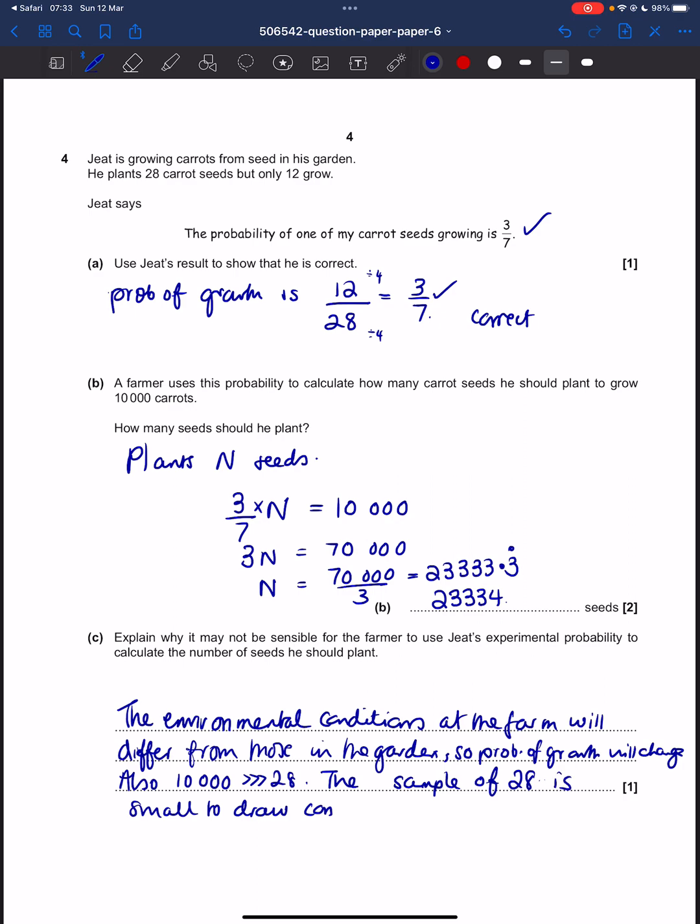The sample of 28 is too small to draw conclusions for a sample of size 10,000.